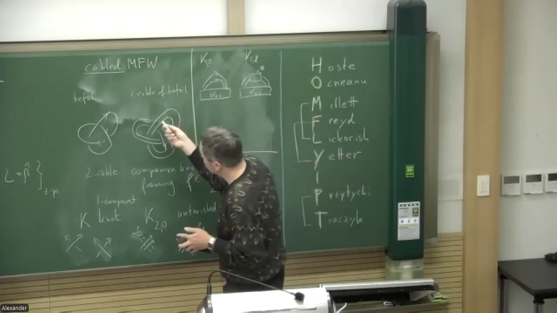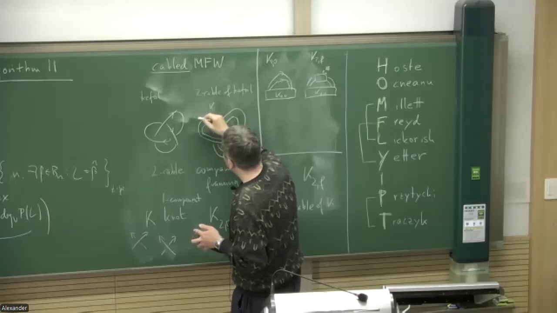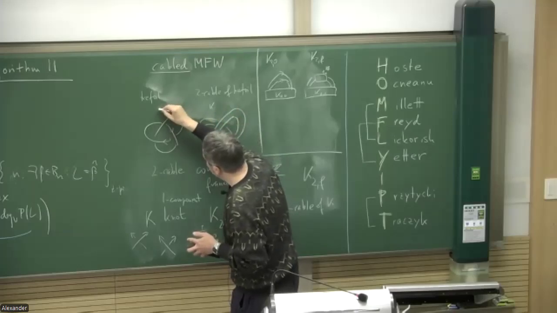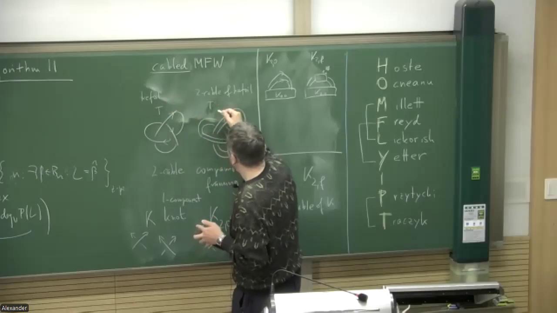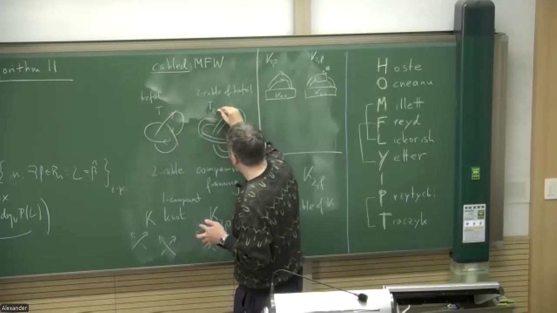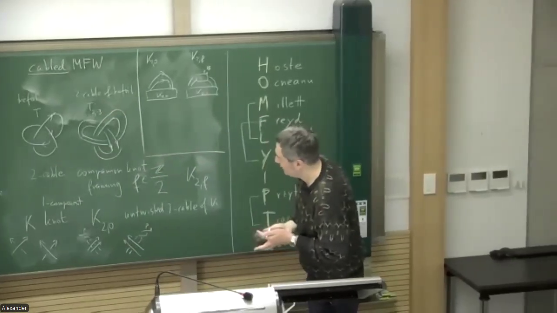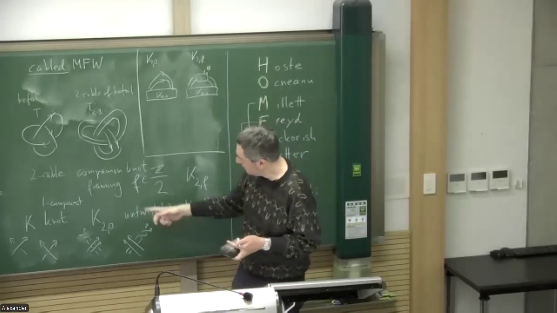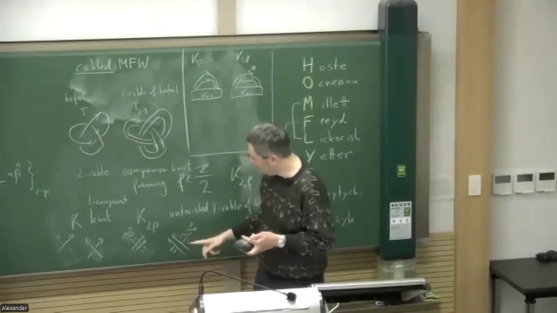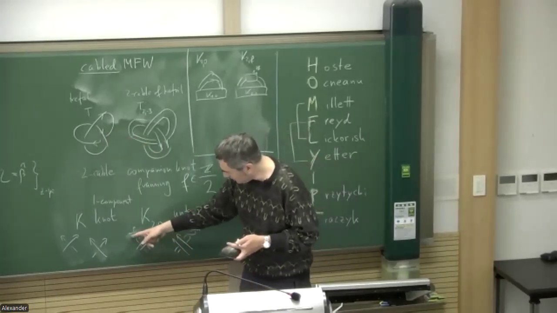An example: this is now K, let's say this is T(2,-3). As an exercise, you can see that the framing of this is -3, because these are all negative crossings. So if you build a zero framing, you would have to introduce 3 positive twists.